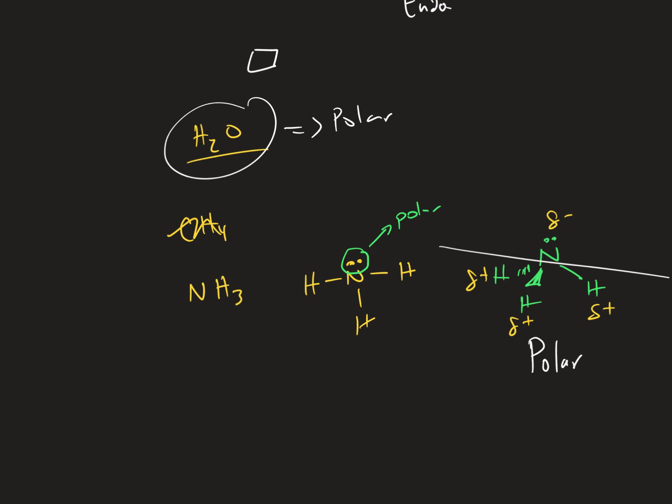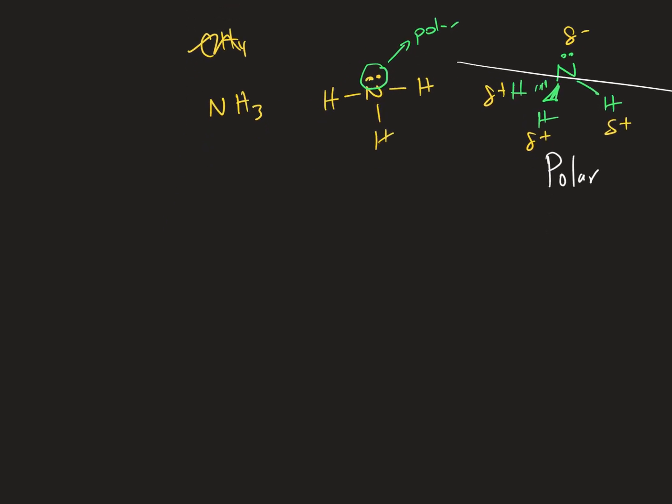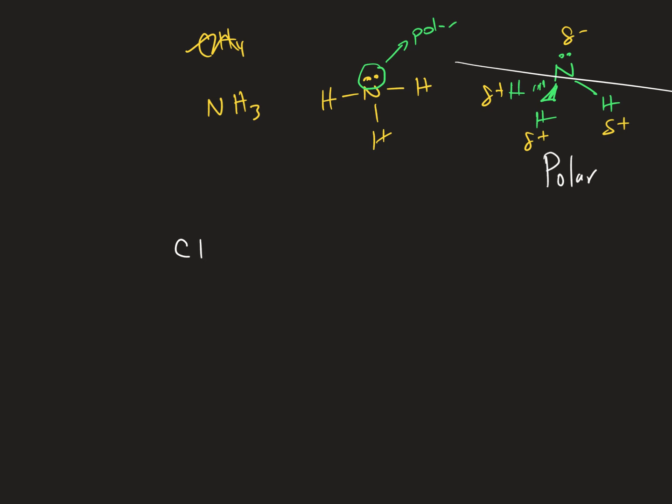So I may or may not give you a simple one. What if I give you one like this? CH3, CH2, CH2, CH2, OH. Is that going to dissolve in water? Yes. Why? That part right there makes it polar. That's a covalent bond.